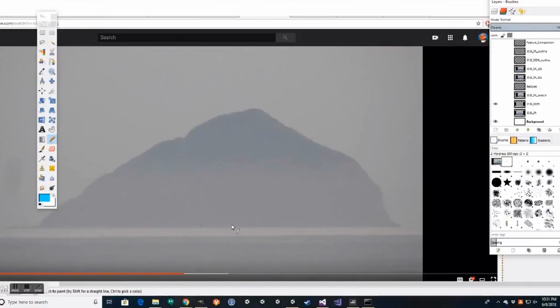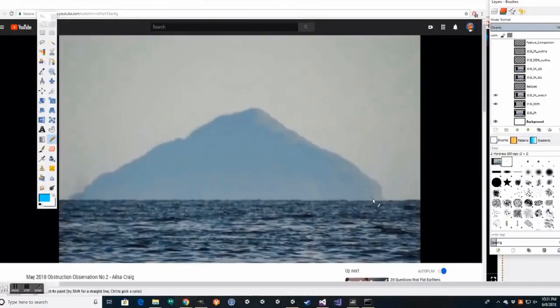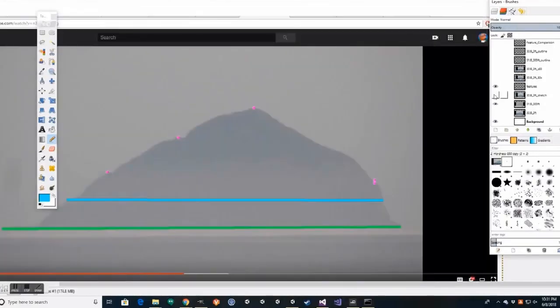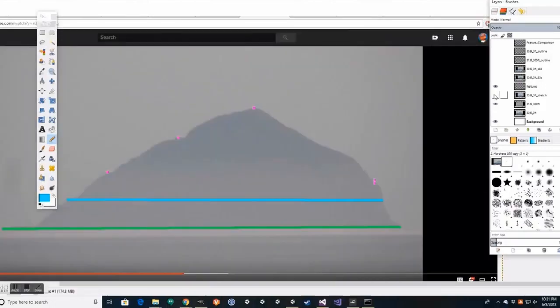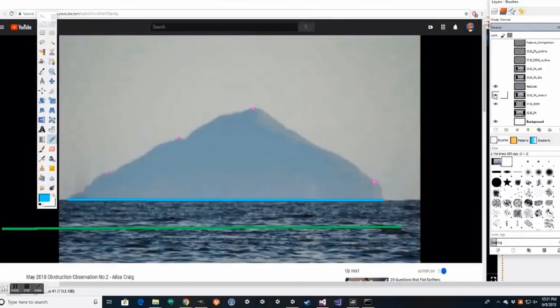You can see lower along the island when you're up high than you can when you're down low. It's pretty clear that he's showing exactly that. That's all he's showing. He's not measuring the curve of the Earth. He just demonstrates that when you go higher, you can see farther. And that is completely consistent with our understanding of the round shape of the Earth.